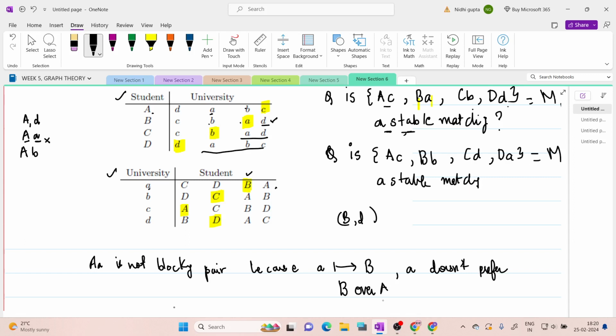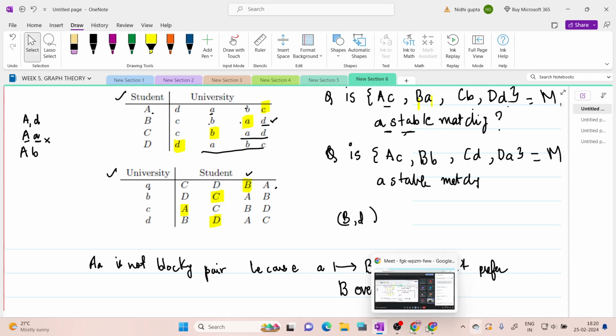To say that it is a blocking pair, both the capital letters and the small letters should be happy. But in this case, only one is getting happy. Therefore, it is not a blocking pair.